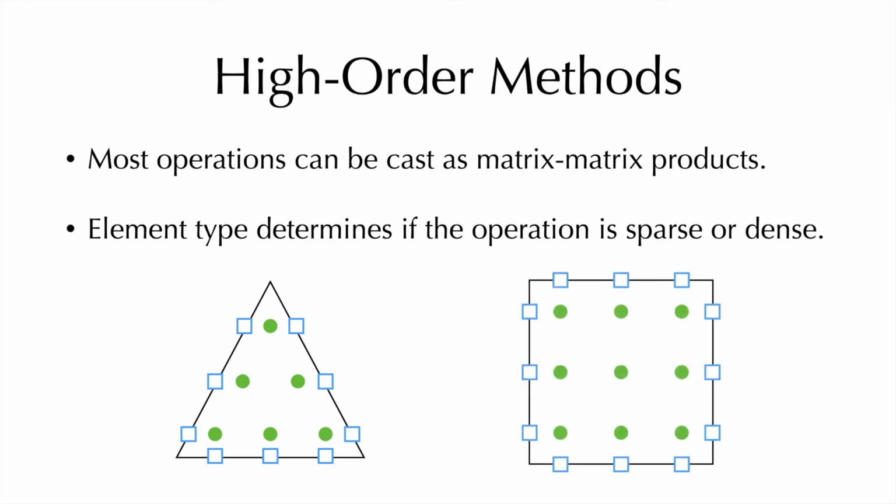Whereas, in contrast, in a quadrilateral element, which is a so-called tensor product element, what you find is when you want to move information from the interior to the surface, that if you choose your points correctly, the stars can align, and what you can find is each point on the surface will only depend on some relatively small number of points in the interior.